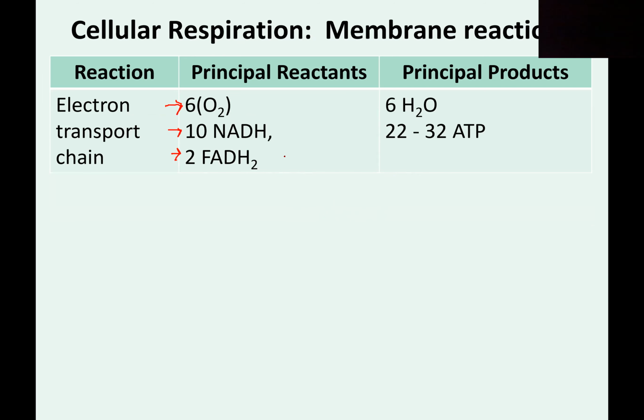So this is going to happen 12 times, one for each of the NADH and one for each of the FADH2s. Products, 6 water, and somewhere between 22 and 32 ATP. Again, it depends on how efficient it is with regard to the cell and how often the mitochondria is used.